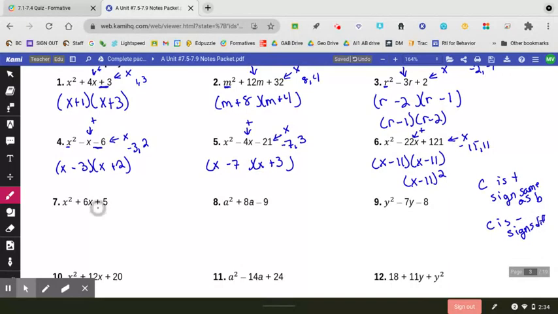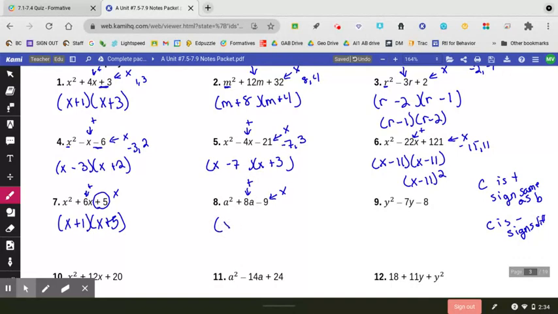So here we want multiply to be 5, add to be 6. So 5 is only 1 and 5. So that's x plus 1, x plus 5. Multiply to be negative 9, add to be 8.